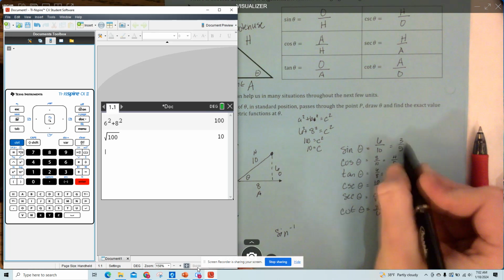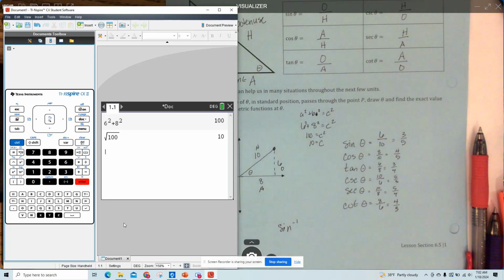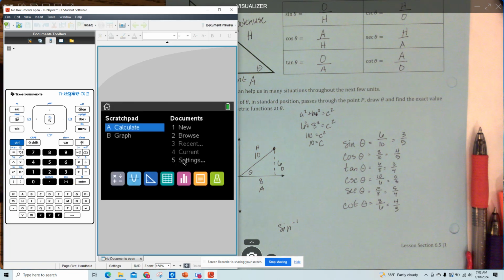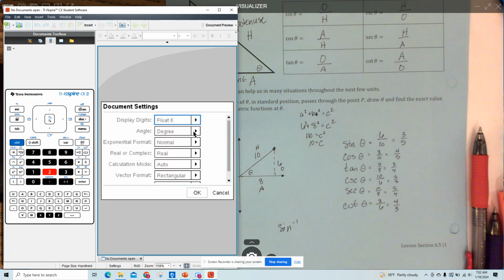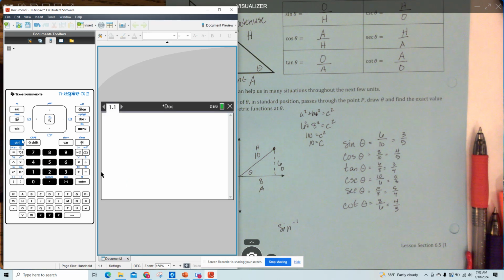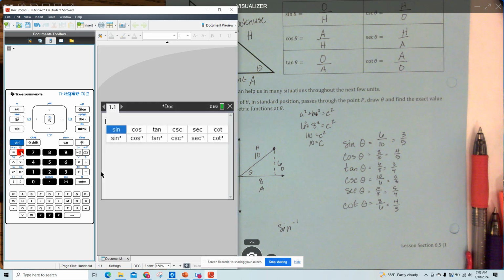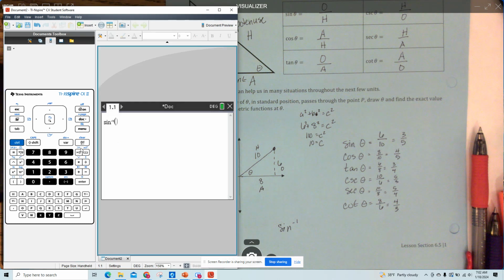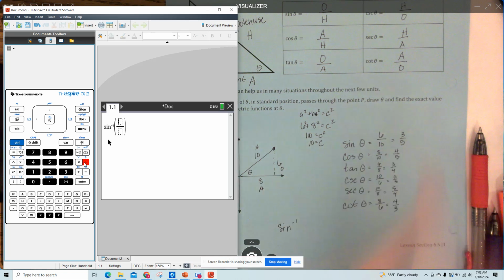I know the side ratio is this. In the calculator, let me make sure that it's on degree. That's what it needs to be on. So we would use this trig key here, sine to the -1, and then we would do 3/5.